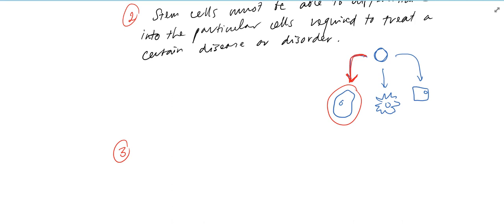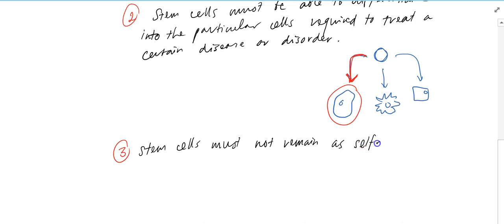Now, the third challenge is that stem cells must not remain as self-renewing stem cells. That is, they cannot continue to renew themselves and grow continuously, because if they grow out of control, we have a problem.